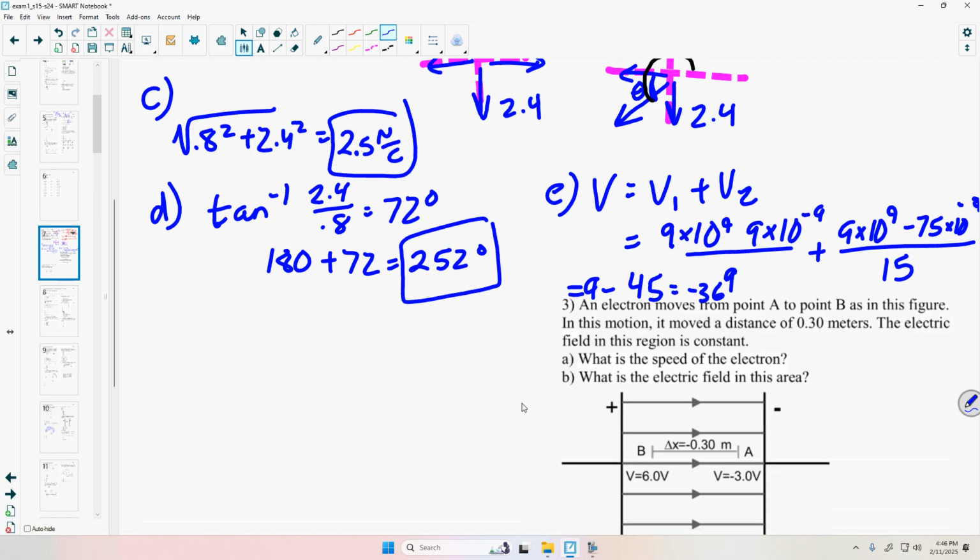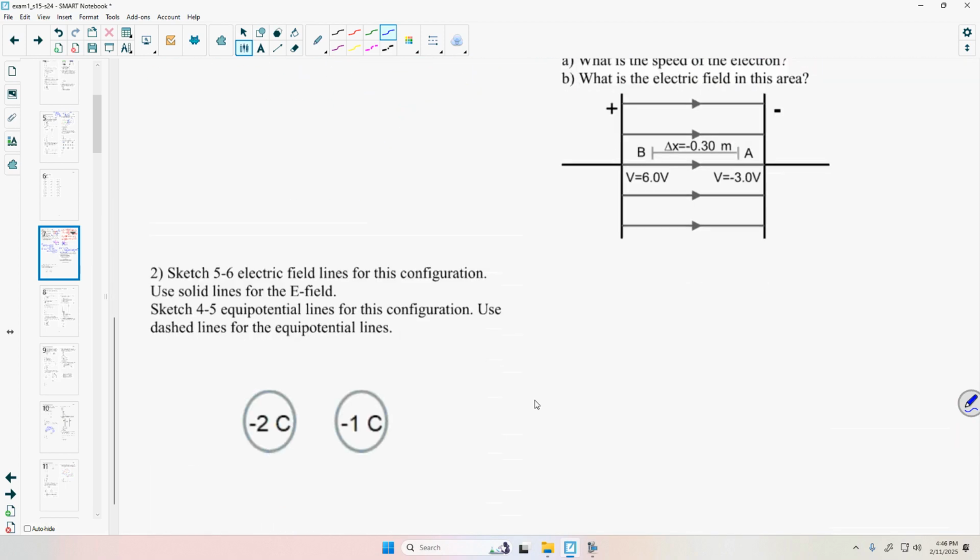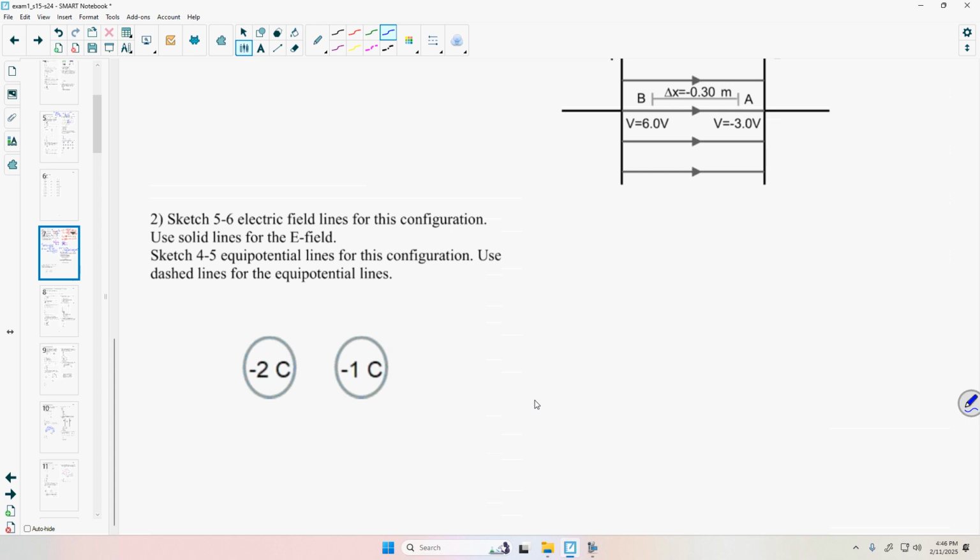Okay, and number 2, you want to draw the electric field lines. Oh, here is one where they have the same sign. That means that the electric field lines are going to be pointing out. So I also want to have twice as many. Wrong, drew that wrong. I want to draw the arrow going into the negative charge and into this negative charge.